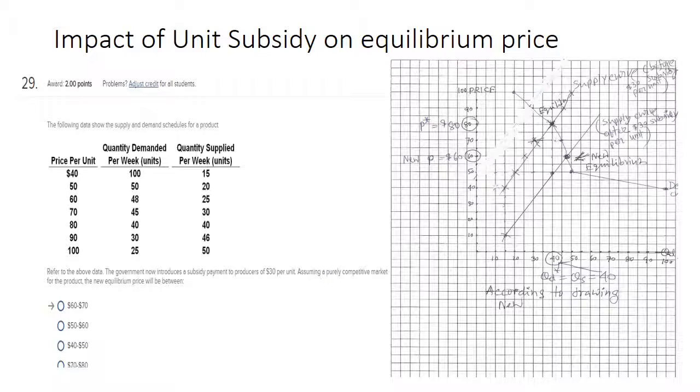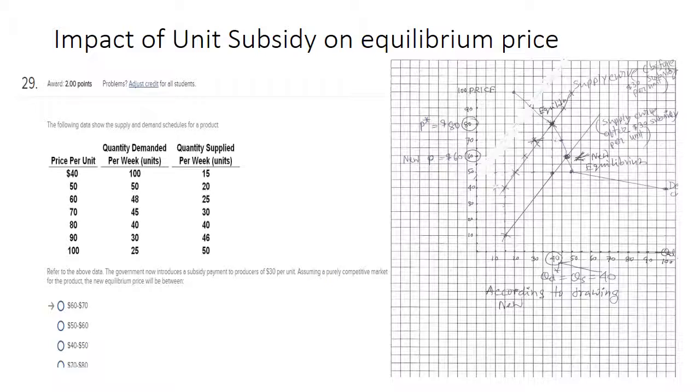So that's the pre-subsidy equilibrium situation, which is shown here on this graph paper, where at $80, the original supply curve and original demand curve intersect, and that determines the equilibrium price of $80 per unit and quantity of 40.